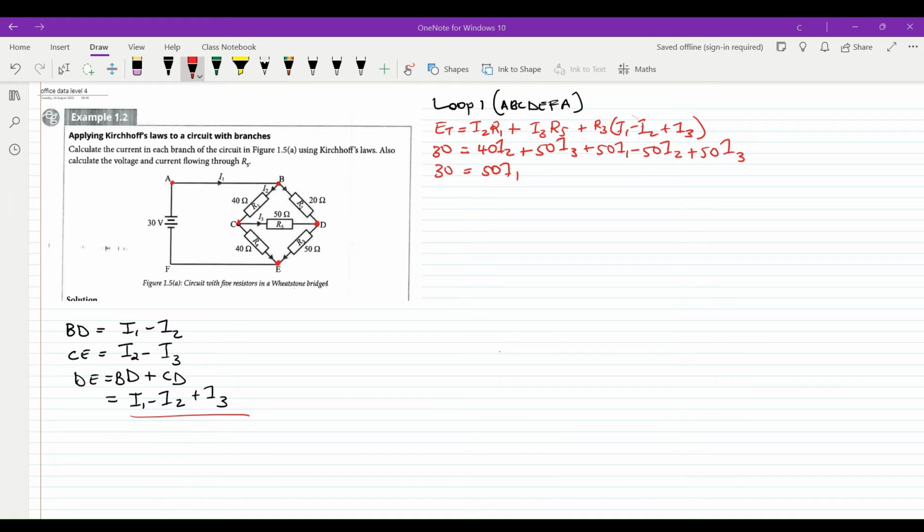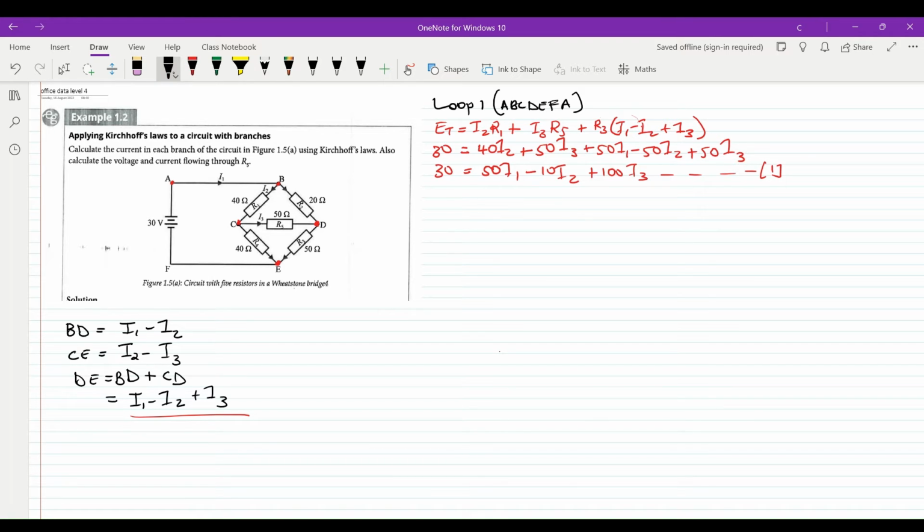Folks, this is what's important when you're doing your calculations, your calculator. So when you say 40 minus 50, what do you get? Negative 10 I2. You have 50 I3 plus 50 I3. What do you get? 100 I3. So we're going to name this our equation 1.